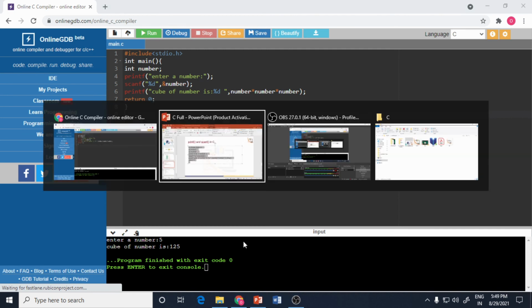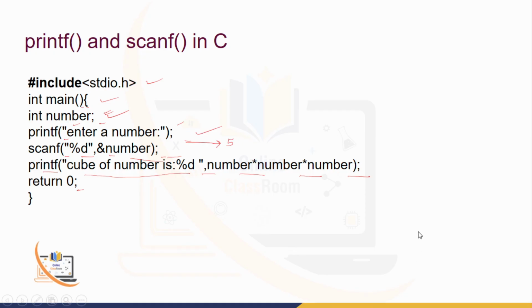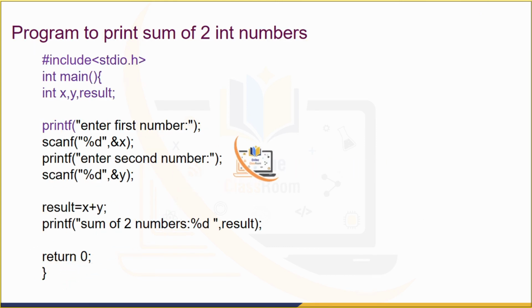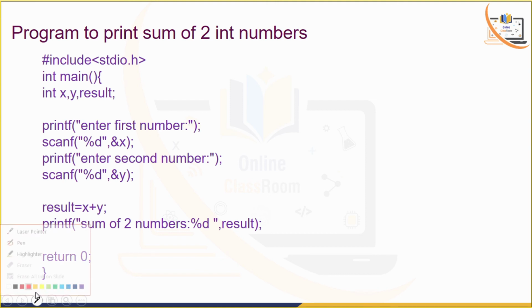Now again back to the PPT, there is another example here. The question is: write a program to print the sum of two integer numbers, right? This is our objective.